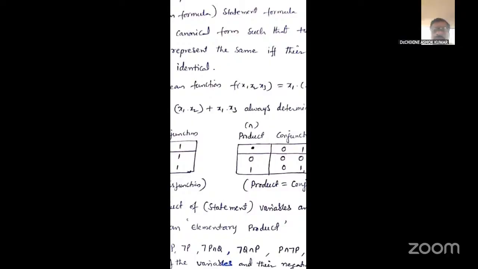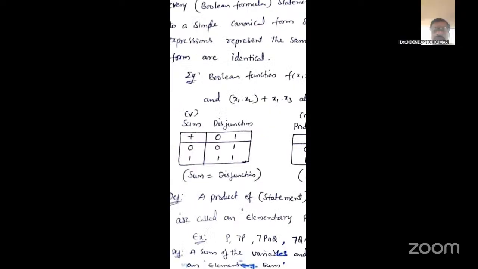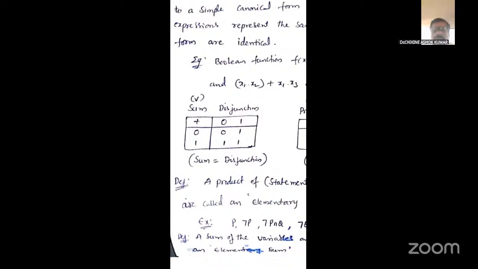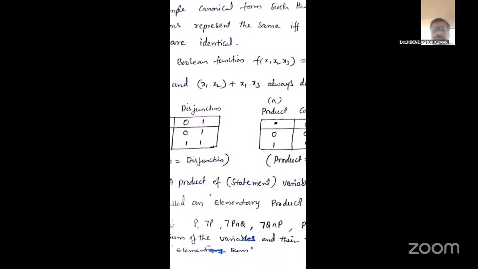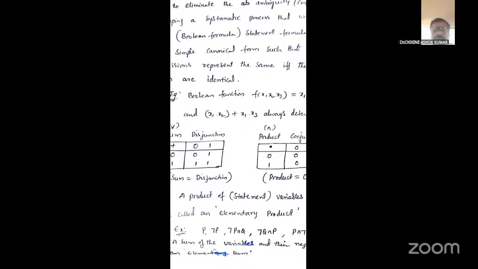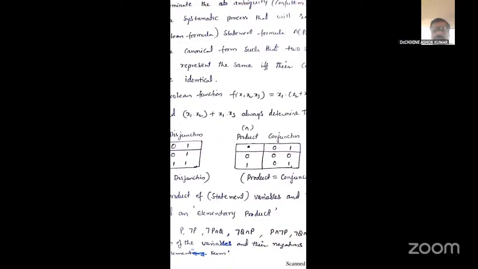So the definition is: the product of variables and their negations is called an elementary product. These are a few examples: P, or negation P, or P intersection Q, or negation P intersection Q, or negation Q intersection P, like this.